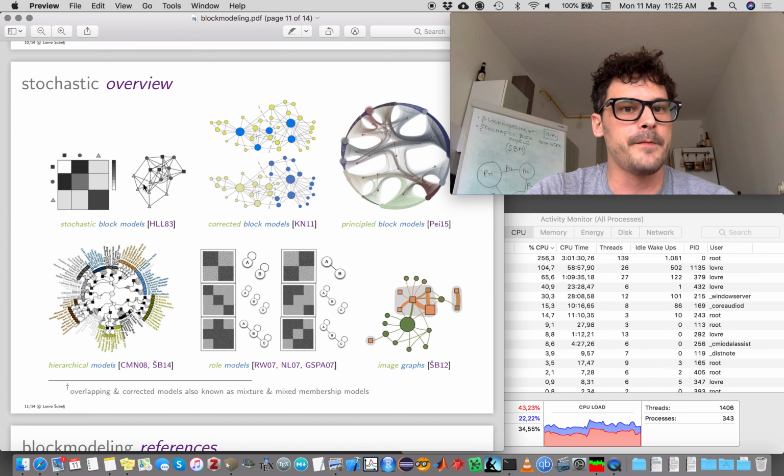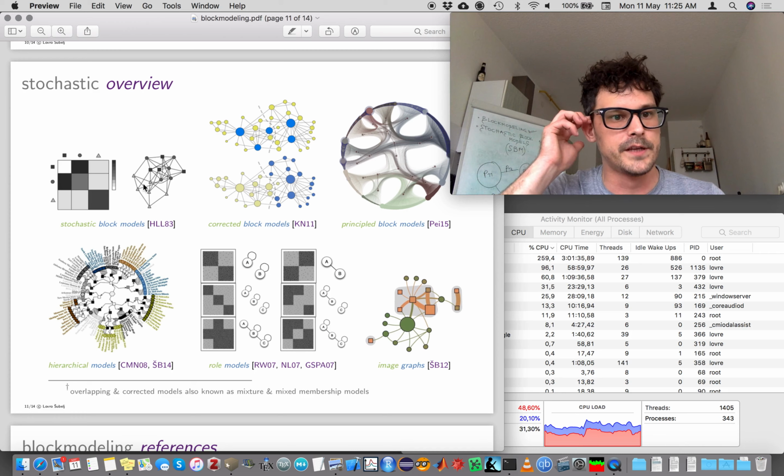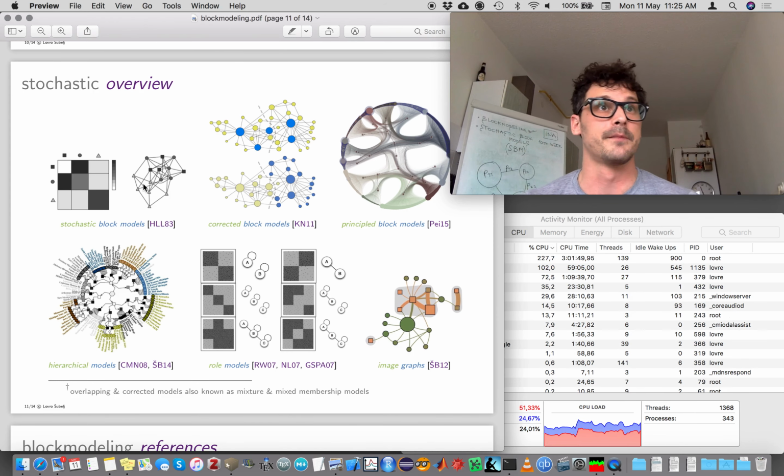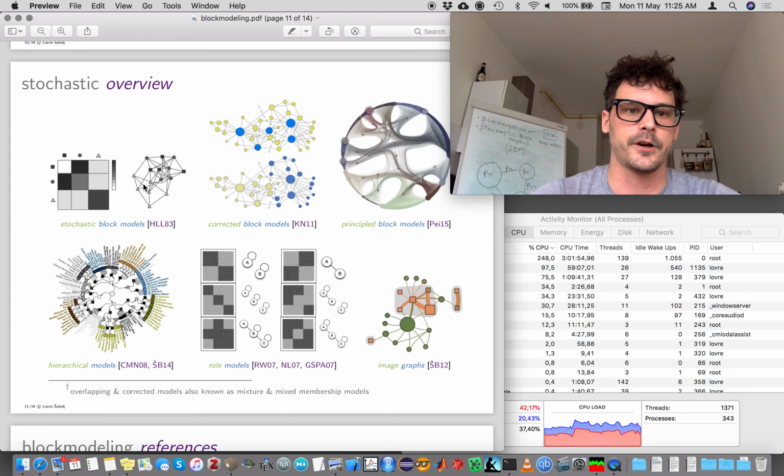Then you use an algorithm that infers group structure or clusters that are most likely to generate your network.